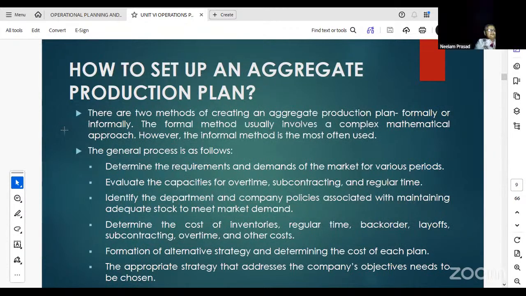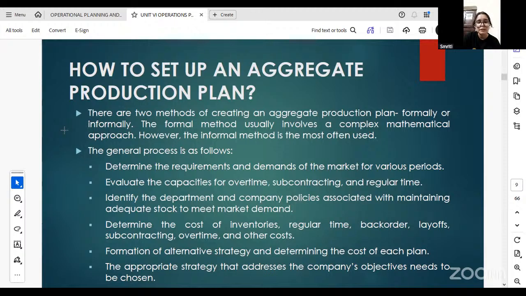How to set up an aggregate production plan. There are two methods of creating an aggregate production plan, formally or informally. The formal method usually involves a complex mathematical approach. However, the informal method is most often used. The general process is as follows. Determine the requirements and demands of the market for various periods.